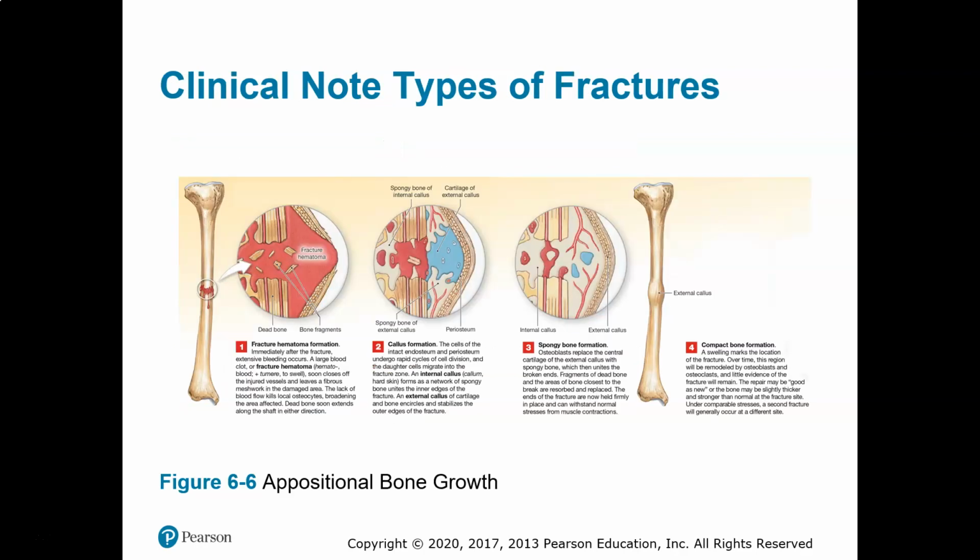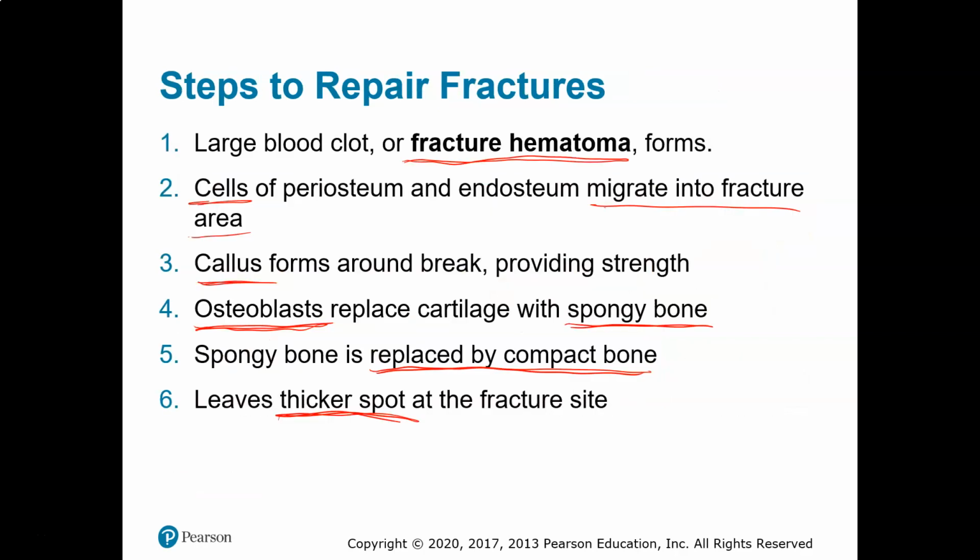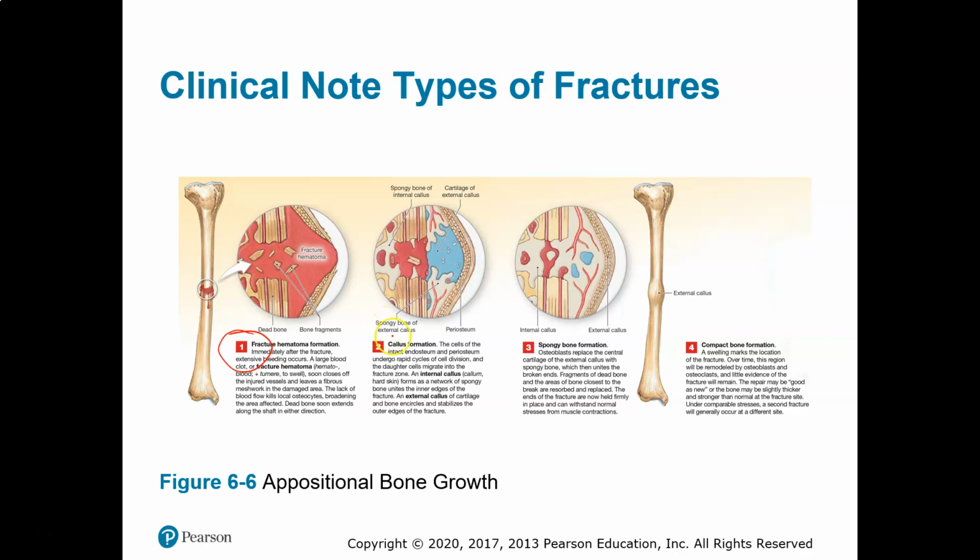Here are some images of the repair of fractures. And you can see in step 1, the hematoma is forming. This is a fracture in the tibia. And then you can see in step, it's not the same as the steps that are listed here, but this would actually be step 3 in the notes.